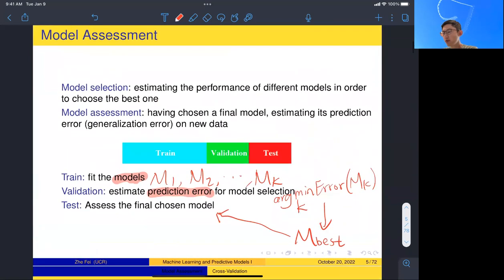In reality, 99% of the time, we simply focus on this training and validation step. With our data, I think that is good enough.